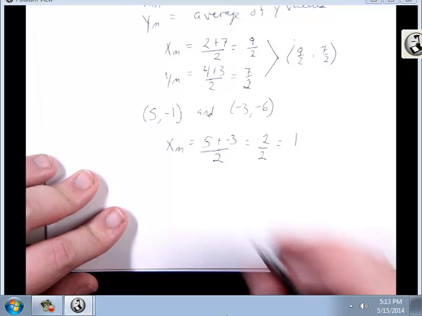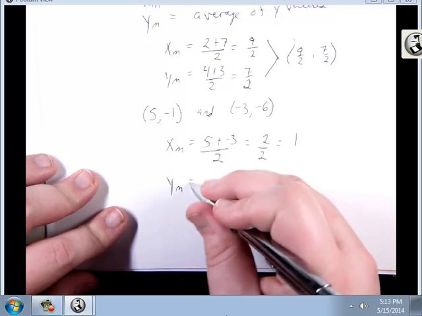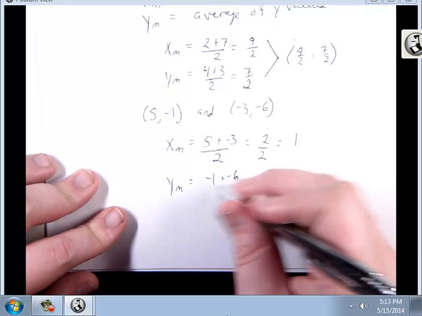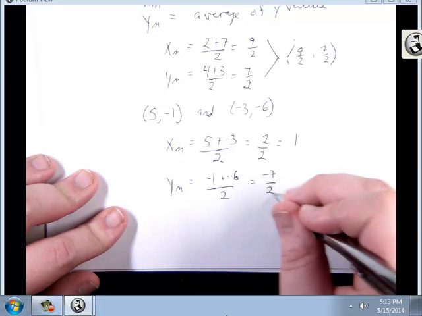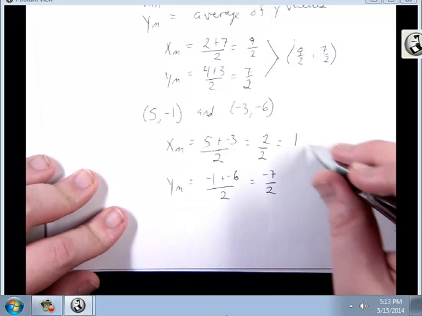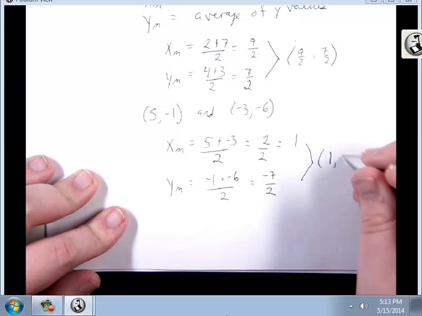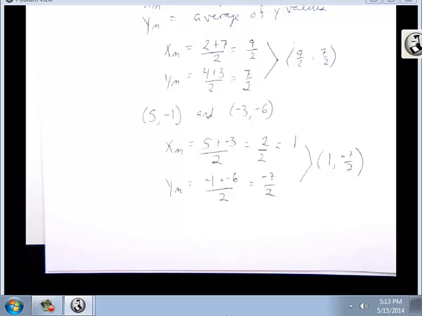Then ym equals -1 plus -6 over 2, which is -7 over 2. I bring them together, I have 1 comma -7 over 2. And that is how you calculate midpoints.